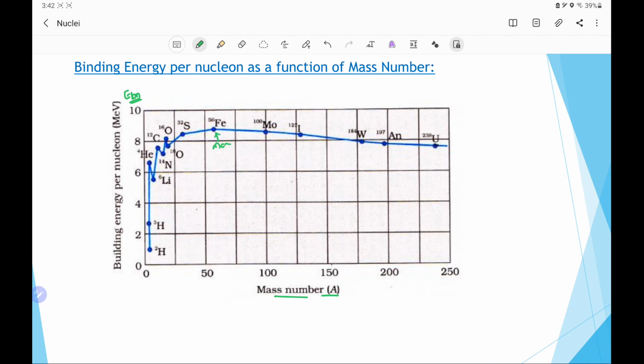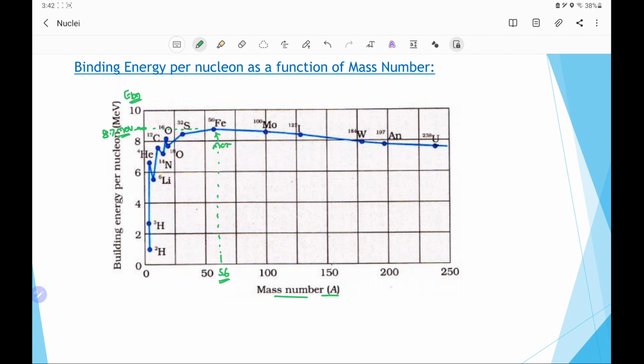This is the maximum binding energy, and this value corresponds to 8.7 millions electron volt. So for iron, binding energy per nucleon is maximum, and for iron the mass number is 56.